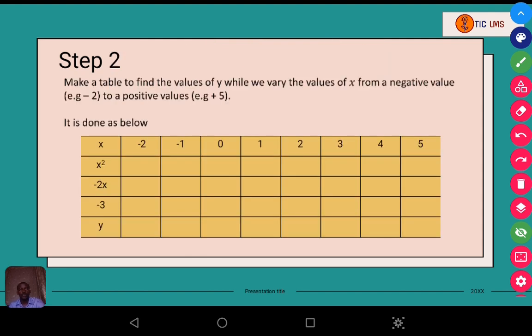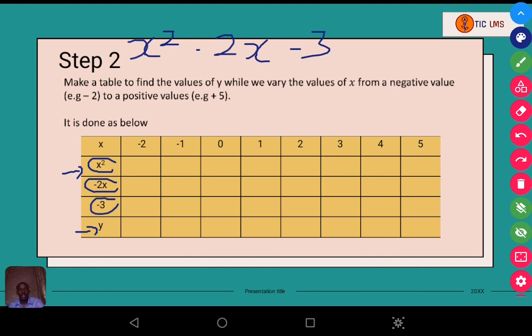Now, we are going to arrange it such that the x squared, which comes first, will be put here. Then the next thing is negative 2x according to what we're given in the equation. Here it is. And then negative 3. And here it is. And finally, you place your y on the last row.